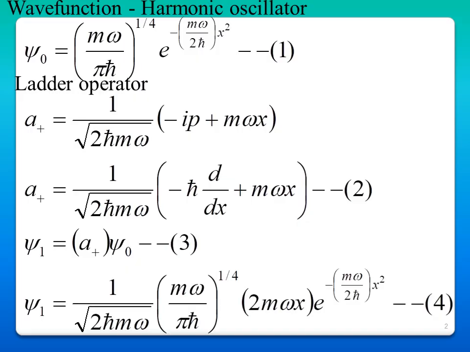So it is equal to a plus acting on psi naught. So you can get psi 1 as 1 by root 2 h cross m omega, (m omega by pi h cross) whole power 1 by 4, 2 m omega x e power minus m omega by 2 h cross x squared.